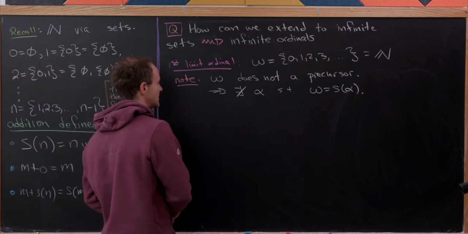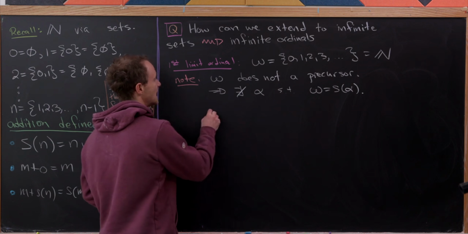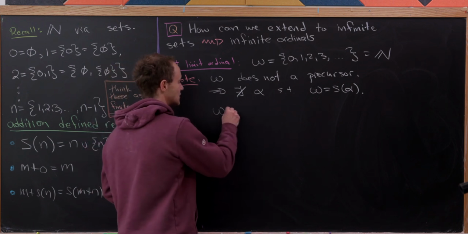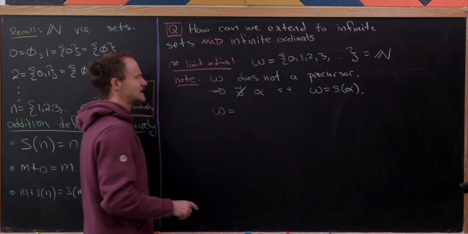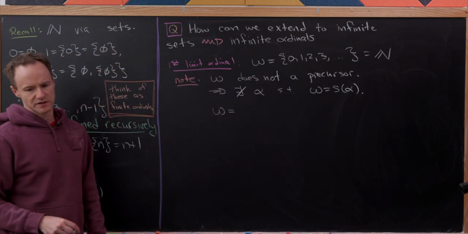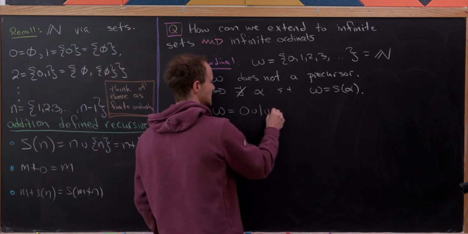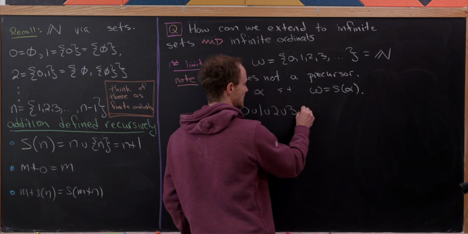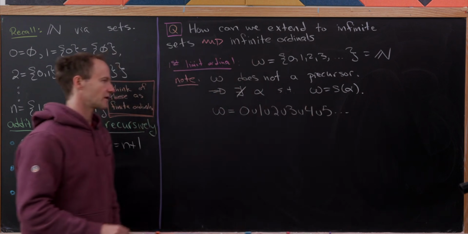Well, let's maybe make the following second observation. And that is that, in fact, omega is equal to, well, look, it's the set containing all of the natural numbers, but we could write that as 0 union 1 union 2 union 3 union 4 union 5, and so on and so forth.